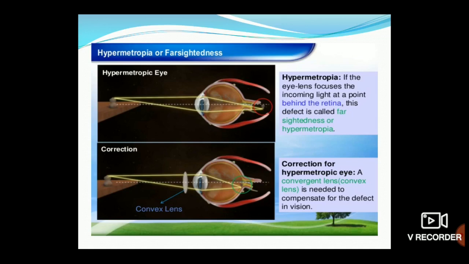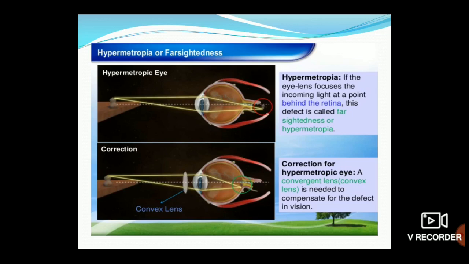You can observe in the first picture, the image is formed behind the retina. It means he cannot see the near objects clearly. This defect may arise due to the focal length of the eye lens becoming too large. The other one is the eyeball getting shortened.